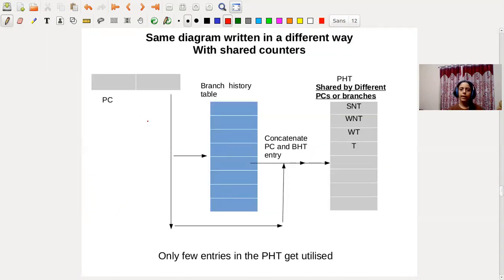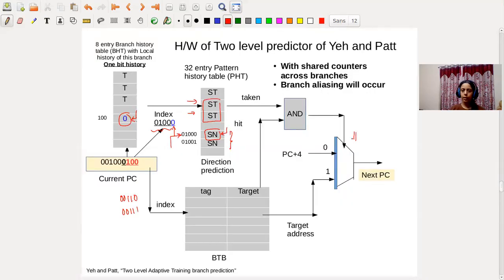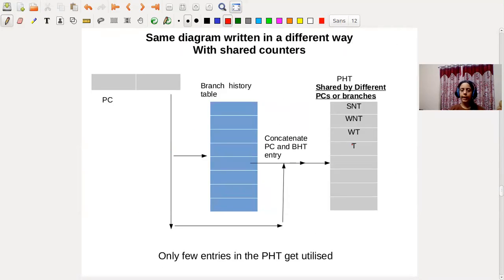Now you can also write the same diagram in a different way. You can eliminate all those AND gates and the mux here. We can just indicate the branch history table, indexing of the PC into the BHT, concatenate the PC and the BHT, and index into the pattern history table.